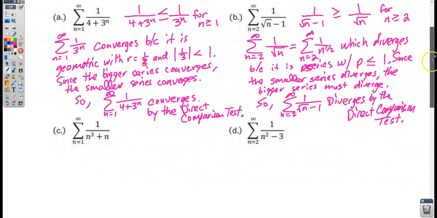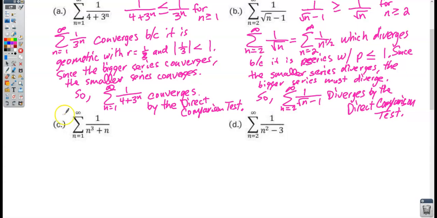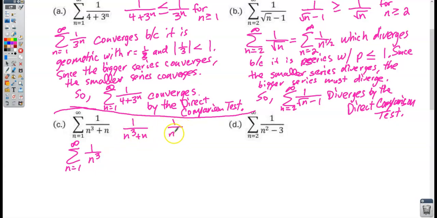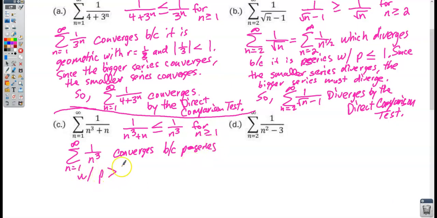All right, part C, we've seen this one before. It looks a lot like the sum from 1 to infinity of 1 over n cubed. And so if I compare these two, bigger denominator, smaller fraction. So that is true for n greater than or equal to 1. The sum from 1 to infinity of 1 over n cubed converges because it's a p-series with p greater than 1.